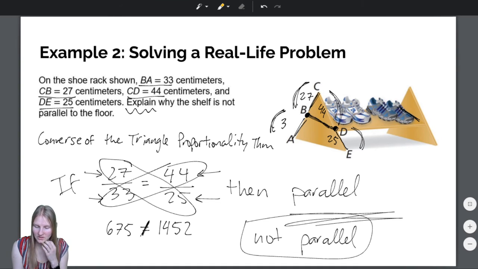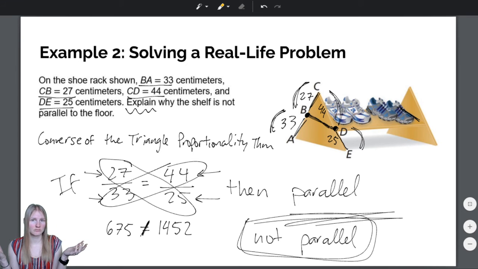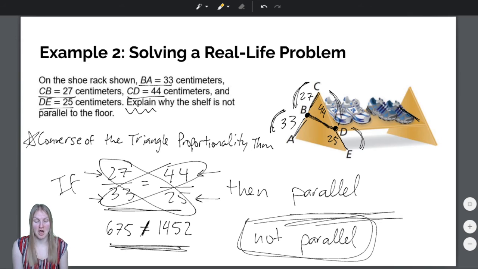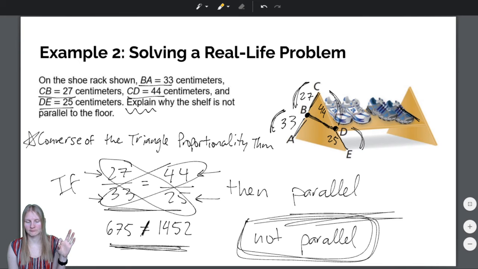And because these are not proportional, then the shelf is not parallel to the floor. That's the converse of the triangle proportionality theorem. So these ratios are not equal to each other, so we are not parallel to the floor.